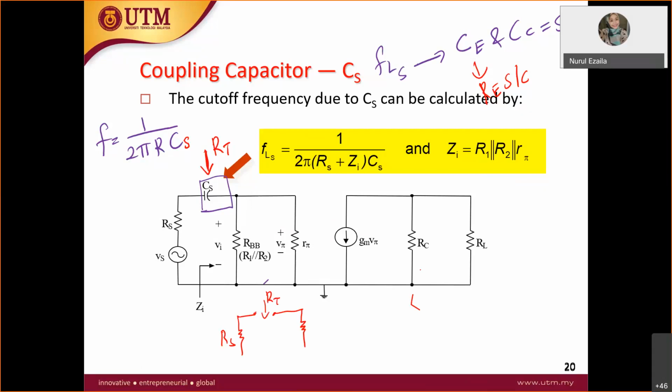Then you have RBB, which is R1 parallel with R2, and then you have R pi. So can someone give me what is the R total here?